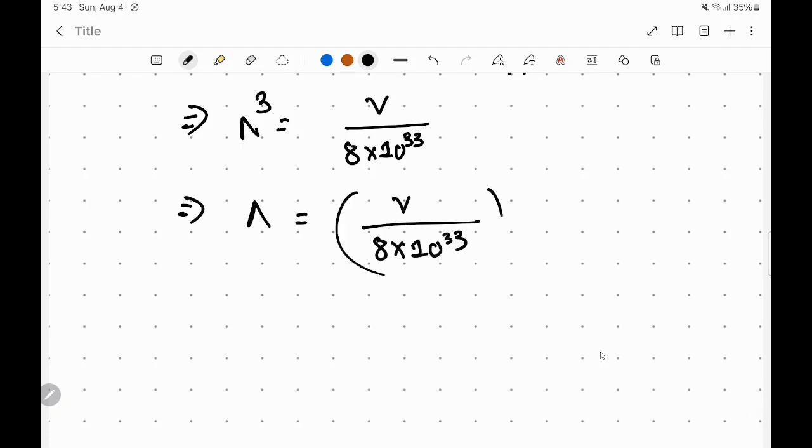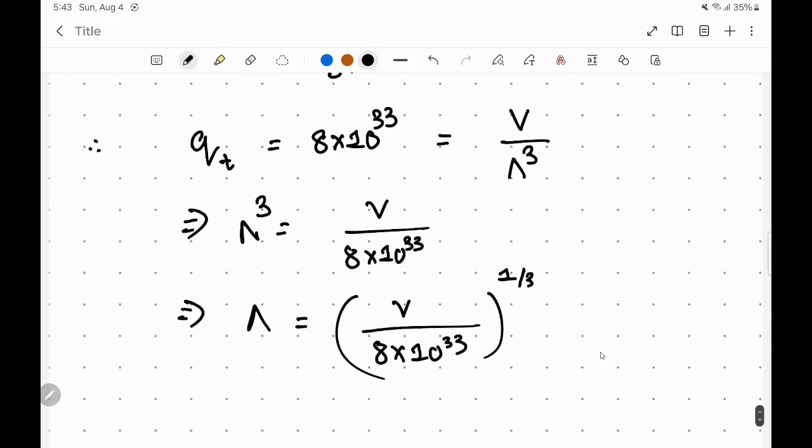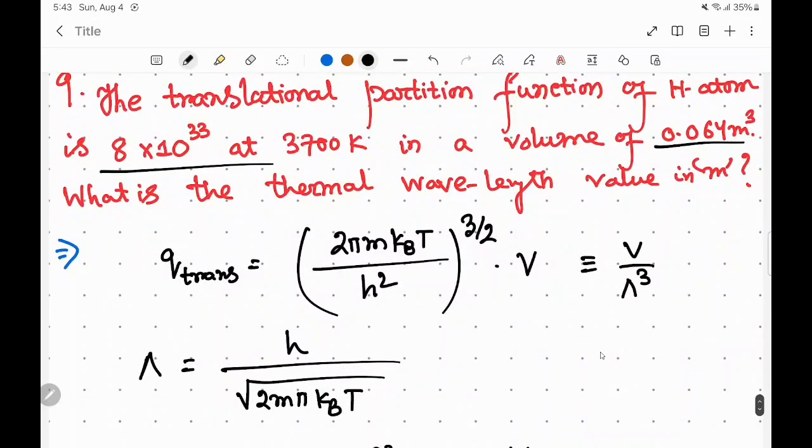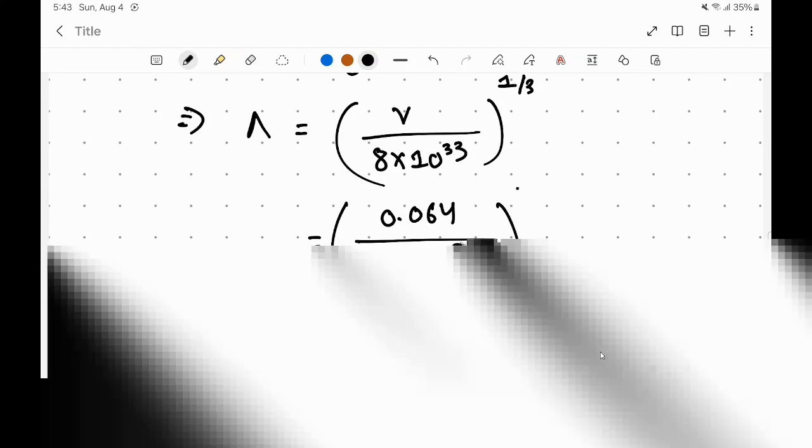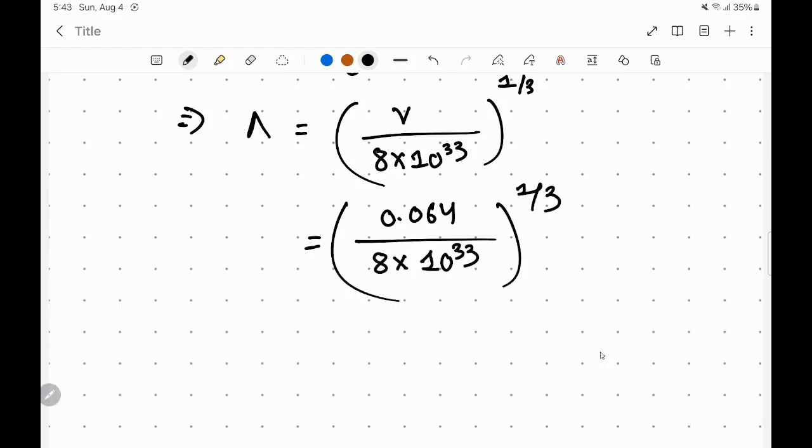Now, what is V? V is also given, 0.064 meter cube. So it is 0.064 divided by 8 into 10 to the power 33, the whole to the power 1 by 3.